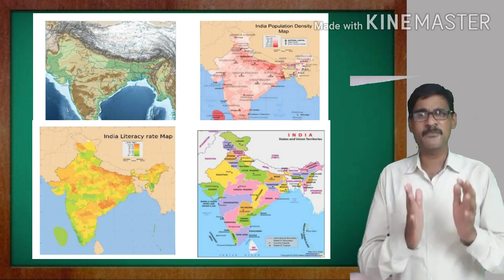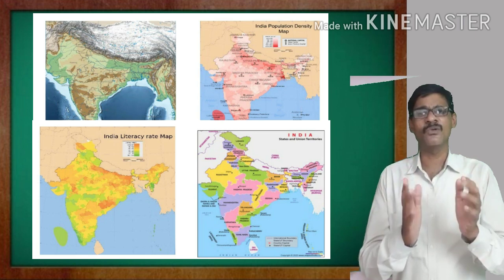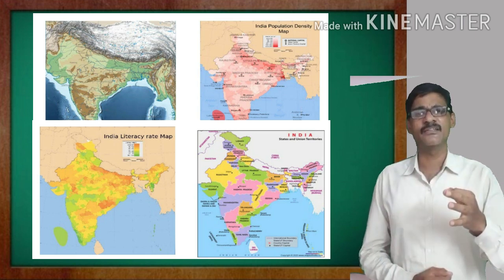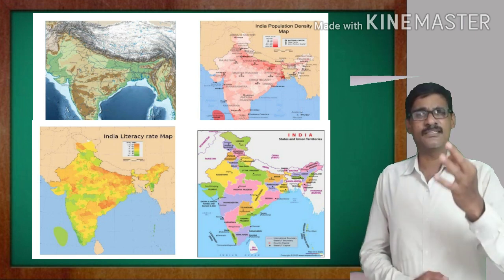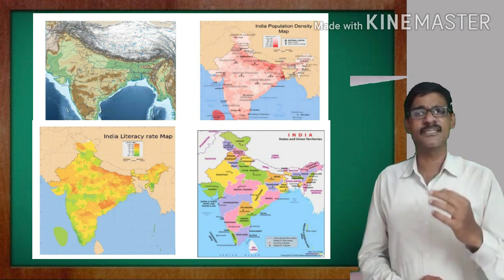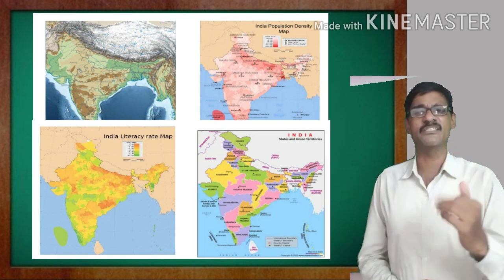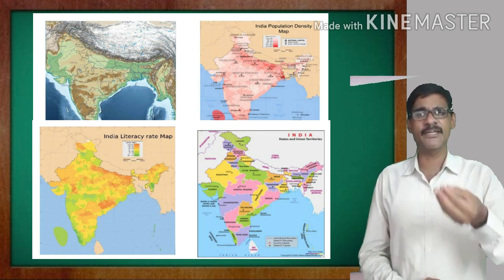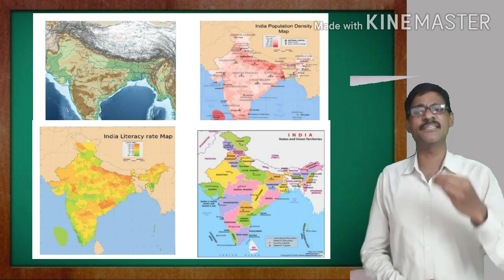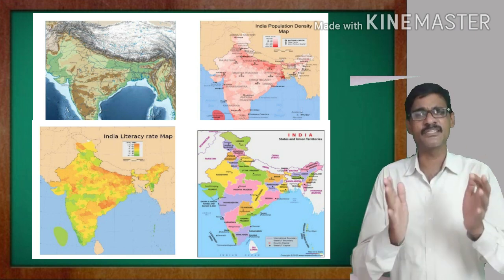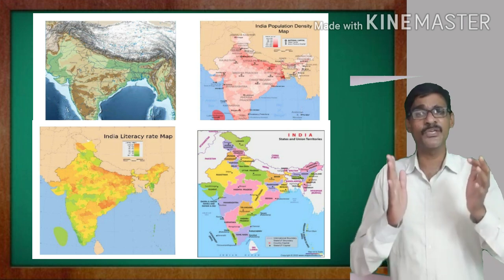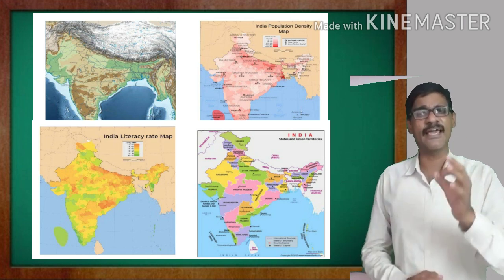But the maps which focus on a single aspect, a single piece of information, are called thematic maps. They have a single theme. It is nothing but maps which show only one aspect.